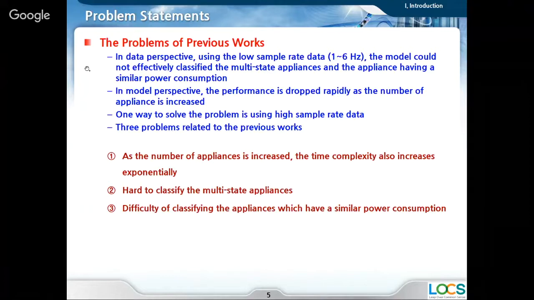From the model perspective, the performance drops rapidly as the number of appliances increases. One way to solve this problem is using a high sampling rate, but it is very hard to apply to a commercial service because of the high cost and the data throughput. So here we summarize the problems.